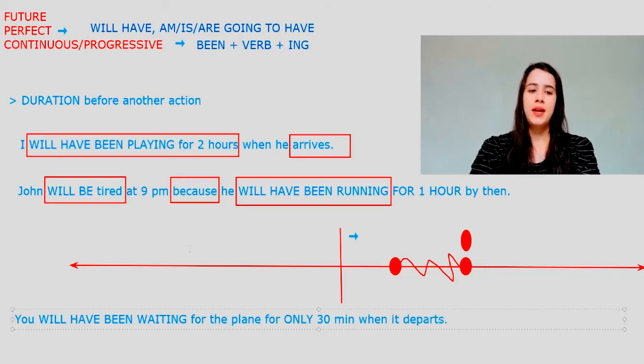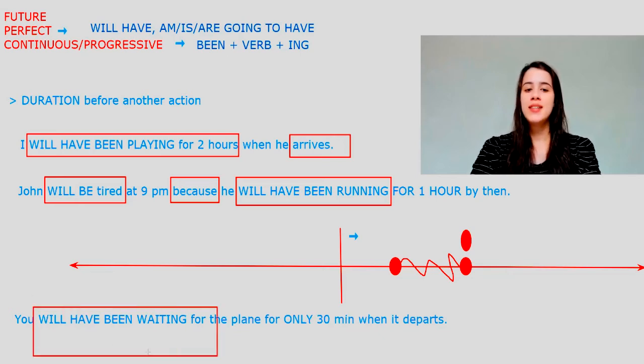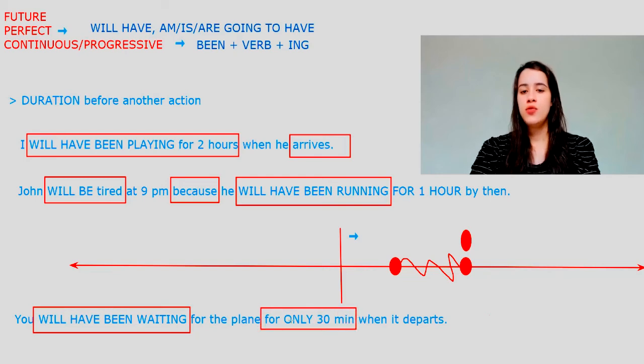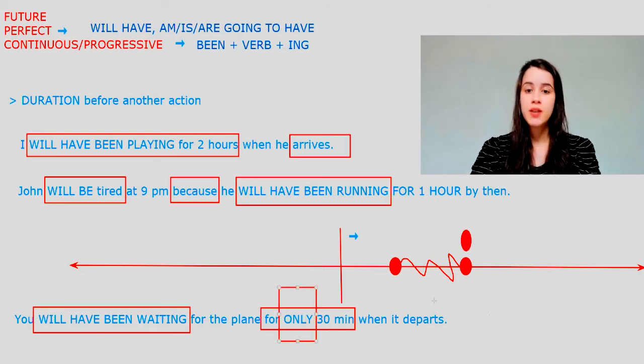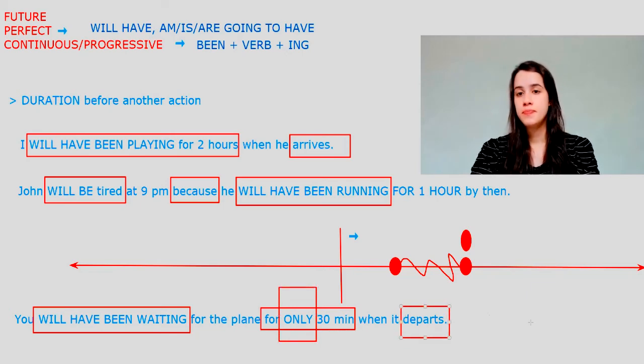What does it mean? It means that you have a progressive action for some time in the future that will be completed, and only, I emphasize it, only 30 minutes, that is the adverb here for our example, when the airplane departs.